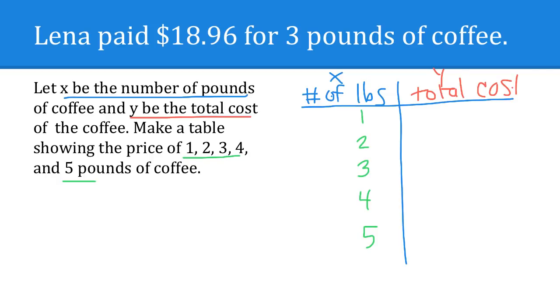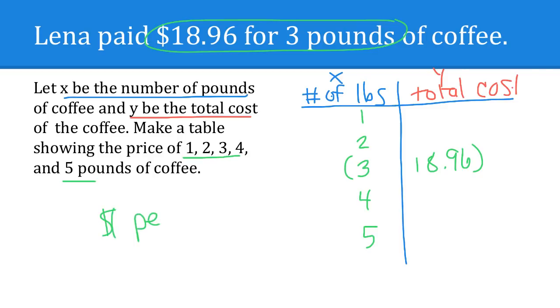Well, I already know 3 pounds of coffee cost $18.96. And now I have an ordered pair. I could do a little bit of math magic here. If I want price per pound, I could find the unit rate.